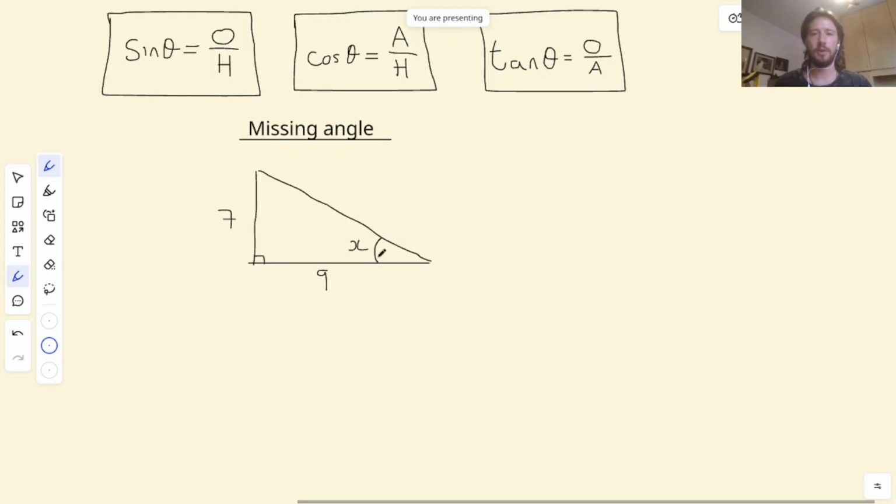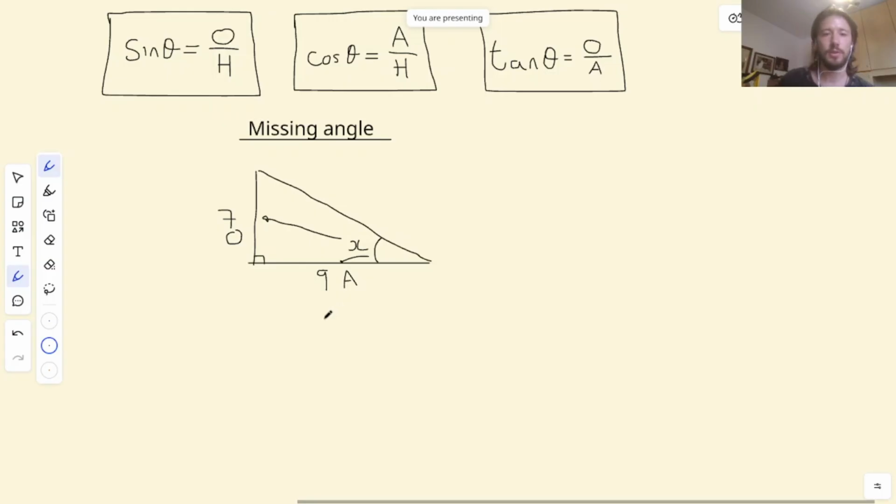Well, we need to start with the same approach as we were doing for missing sides, and that is identify which sides we're dealing with. X is now the angle that we care about, so we name the sides relative to this angle. 7 is opposite to that, so this is the opposite, and 9 is adjacent, so this is the adjacent.